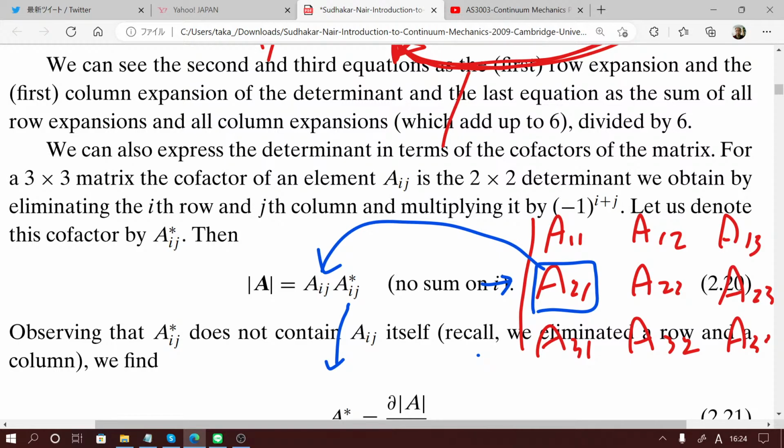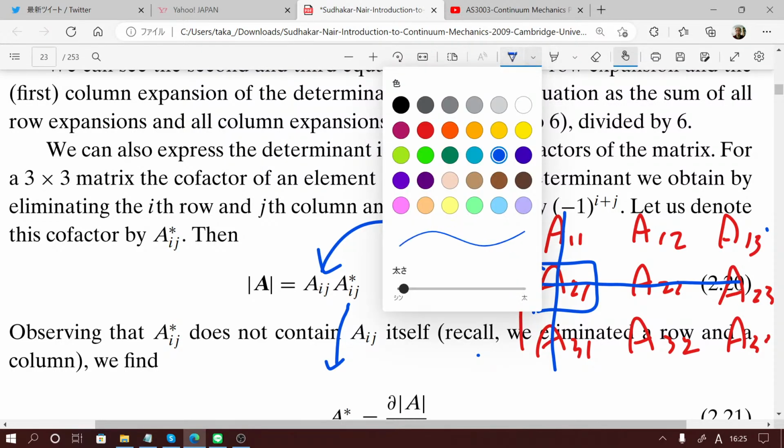is a cofactor. For the cofactor, you eliminate this row and column, so the remaining elements form a 2 by 2 matrix, and that's the determinant of the remaining. This is the cofactor. Then you sum over j. So this is the first term, and for the second term you do this one.